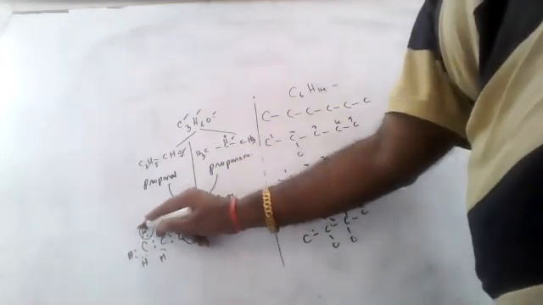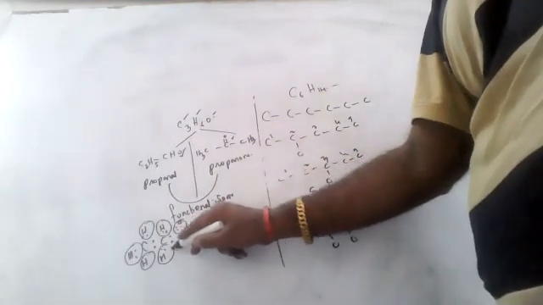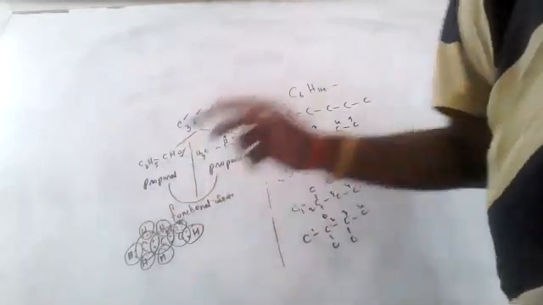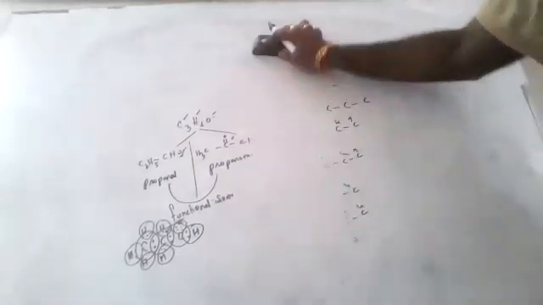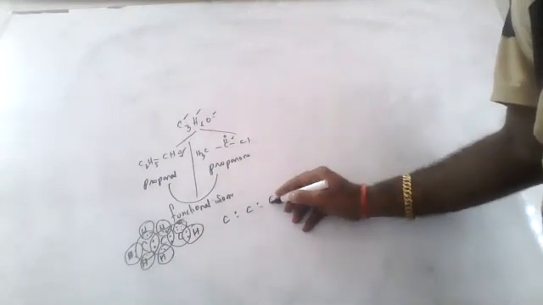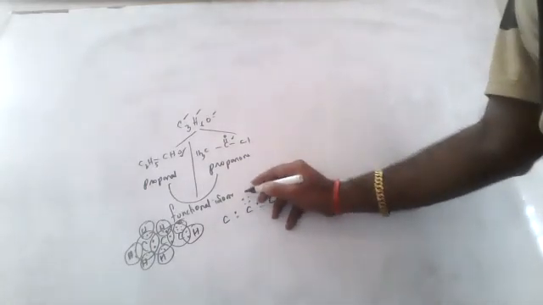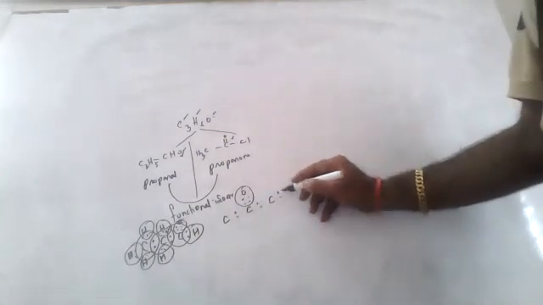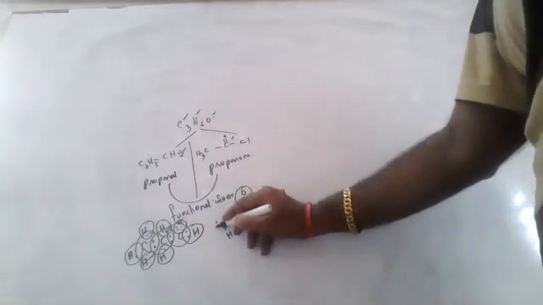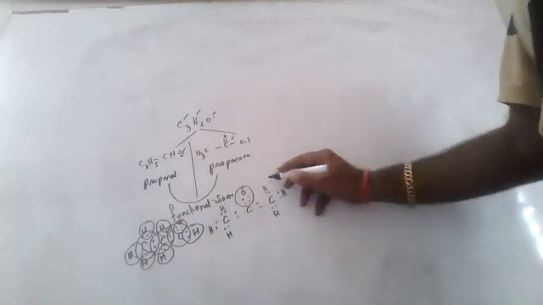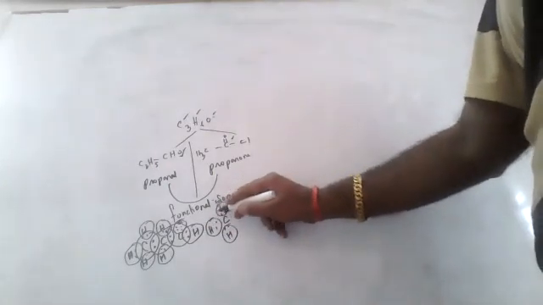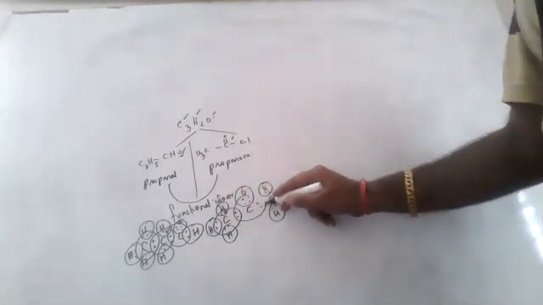Neon stability. Each hydrogen gets helium stability, and the oxygen gets neon stability.